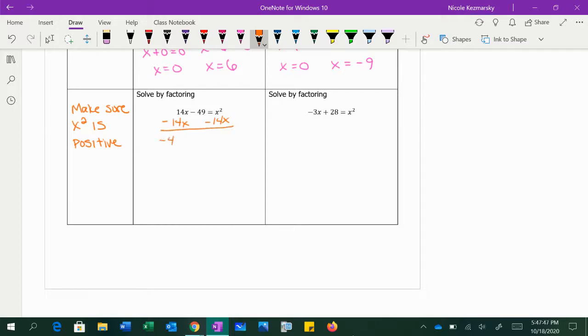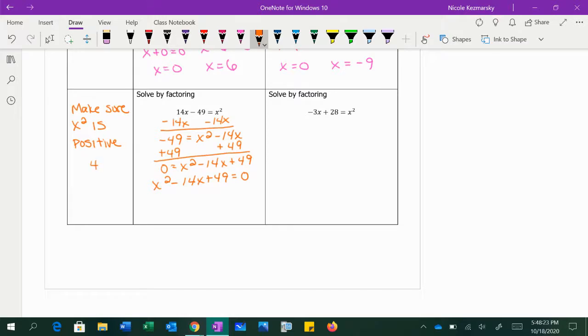So -49 equals x squared minus 14x. And then I'm going to add the 49 and get 0 equals x squared minus 14x plus 49. And it's okay that this is backwards because it's the same thing as x squared minus 14x plus 49 equals 0. Okay, they're the same thing.